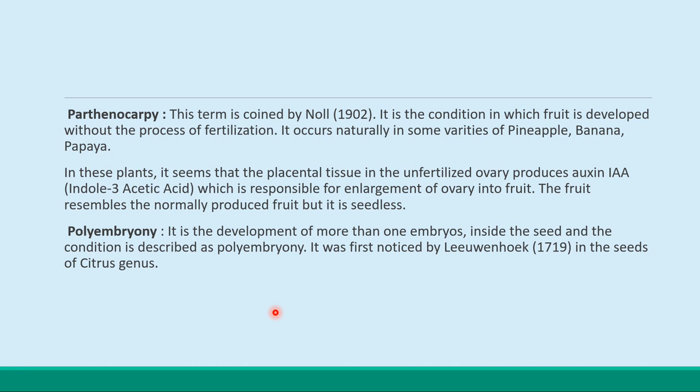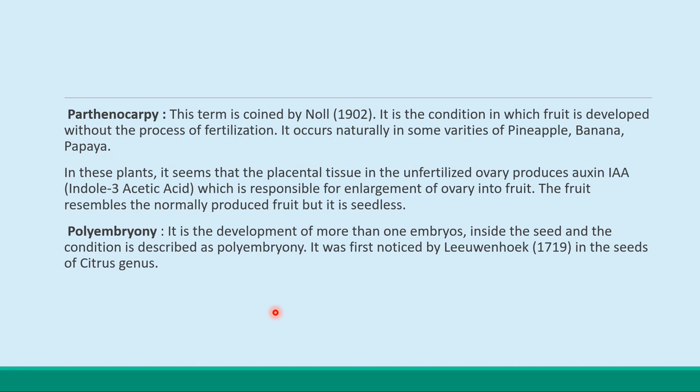Polyembryony may be of two types, adventive polyembryony and cleavage polyembryony. जर embryo develop झाला असेल directly from the diploid cell of the nucleus, that is adventive polyembryony, like in citrus, and cleavage polyembryony म्हणजे झायगोट पासून जर proembryo तयार झाला असेल तर.